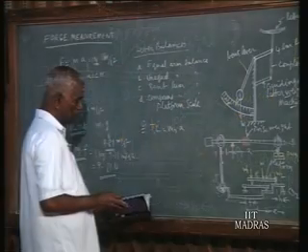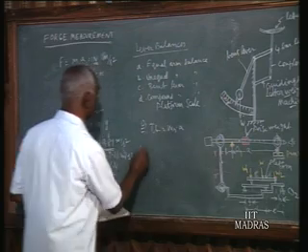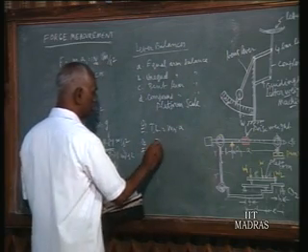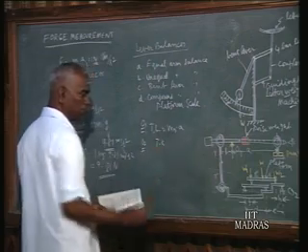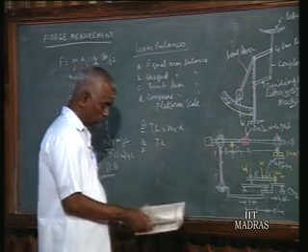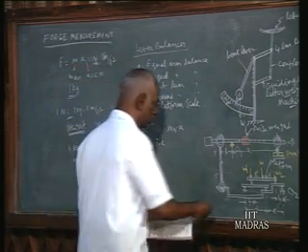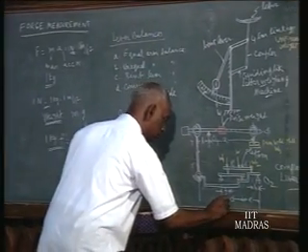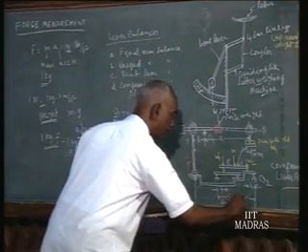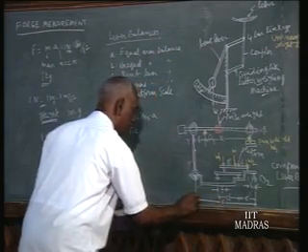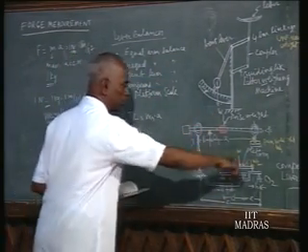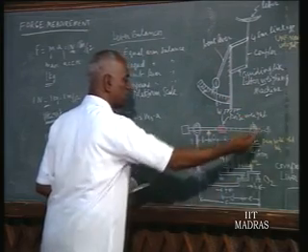And now taking moment about O2, you can write T into C. C is the total distance from this pivot to the other pivot. This is your C. That is T into C, which is trying to tilt the lever in the clockwise direction.